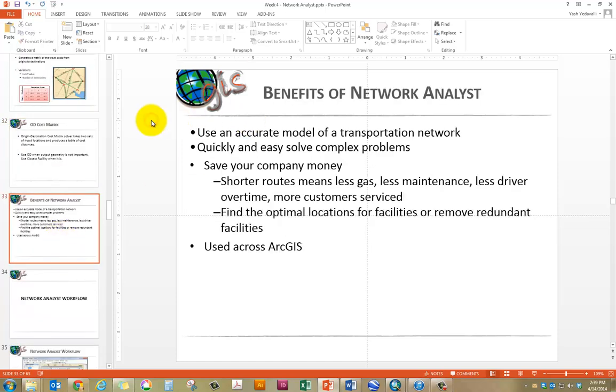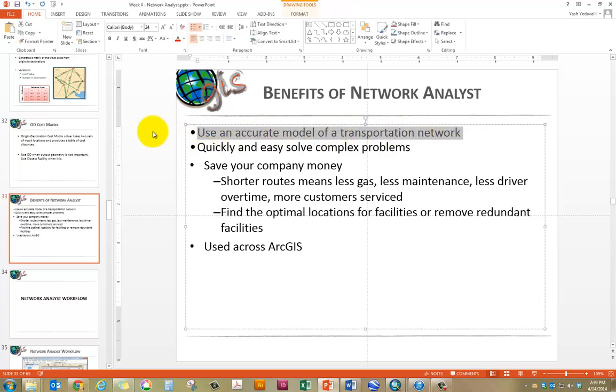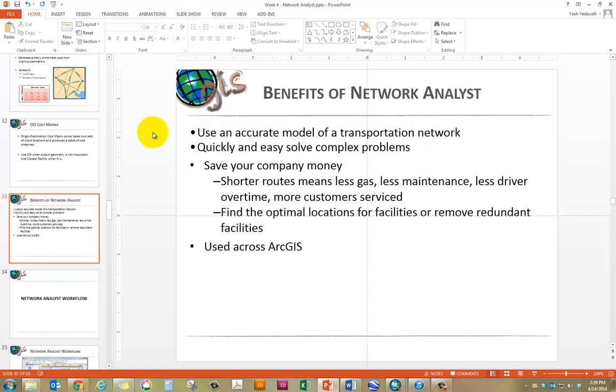So again, to sum up, there are a lot of benefits. It can use an accurate model of transportation network to perform this analysis, and also you can create these accurate transportation networks quickly and easily, and you can really solve complex problems. Essentially, this is a money saving extension.